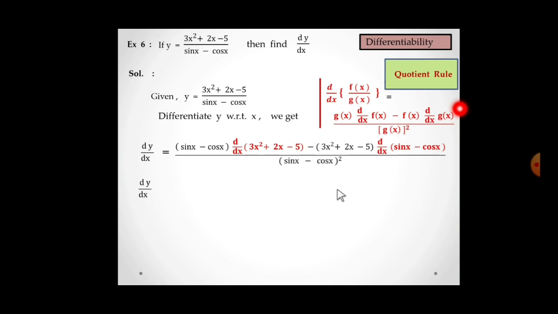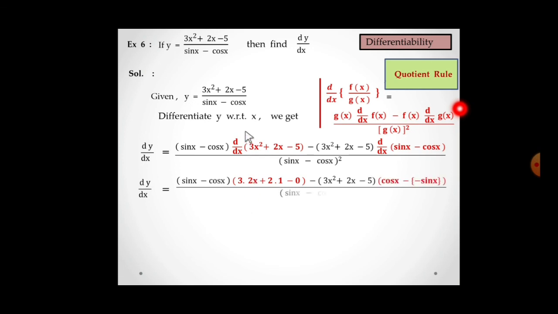This is the way of writing that denominator term. So next is writing the derivatives. So dy by dx is equal to numerator sin x minus cos x as it is, 3 as it is, x square derivative is 2x.